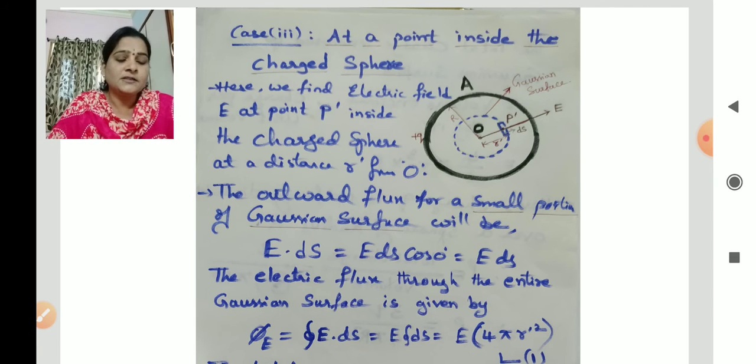It is shown with the blue dotted line, and our point is P prime, where you have to find the electric field intensity E. Again we assume a small elemental area ds at the point, and ds and E both act along the same direction, radially outwards.